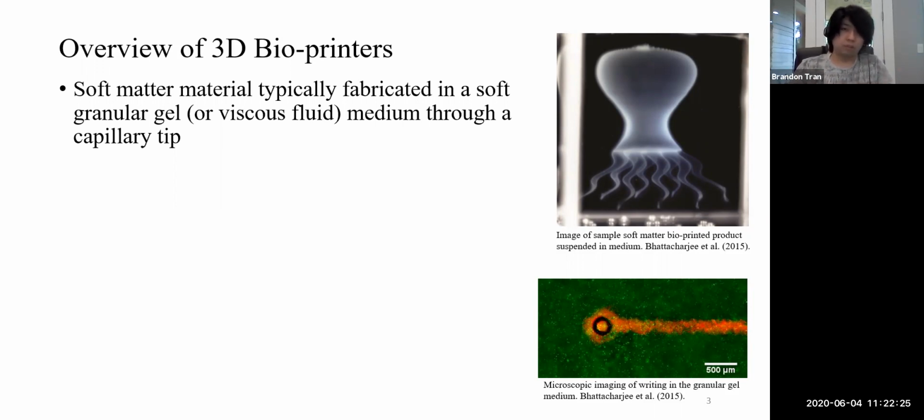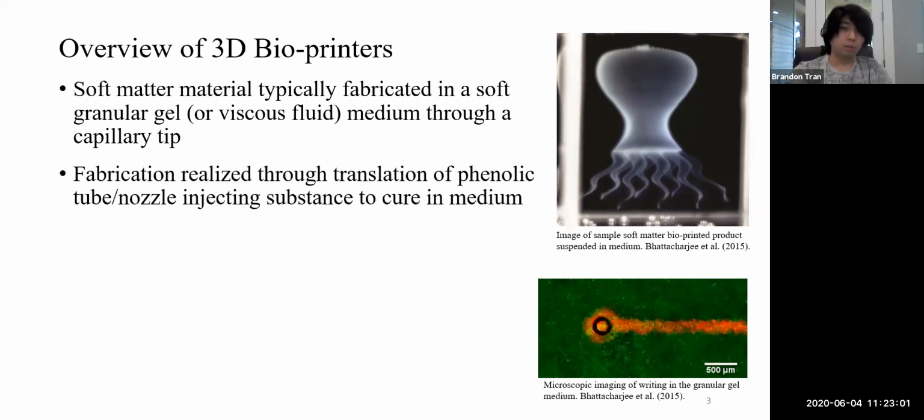It acts as a support for the actual soft material, whether it be another granular gel or cell tissues, whatever we use as our primary material to make our structure. Generally, people need a support medium around that, so they use a very viscous fluid. You can see the jellyfish picture on the right. I don't remember which group did that. I remember Sawyer's group doing that at one point, but that's essentially how these things are tackled.